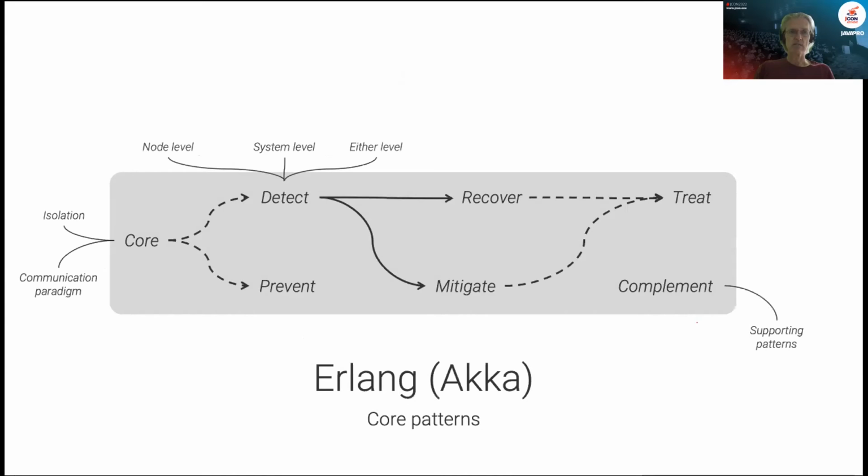If we look at Erlang, and Akka is the Java or Scala implementation of the Erlang runtime, basically with a few changes in there, what they did is they used an actor model as failure units and messaging as a communication paradigm. And then they implemented this let it crash pattern, which is a combination of some monitoring, some escalation techniques, so worker supervisor chains, and restart logic.